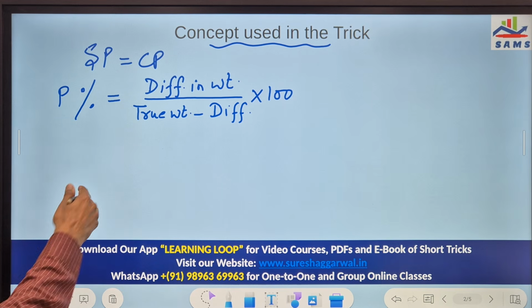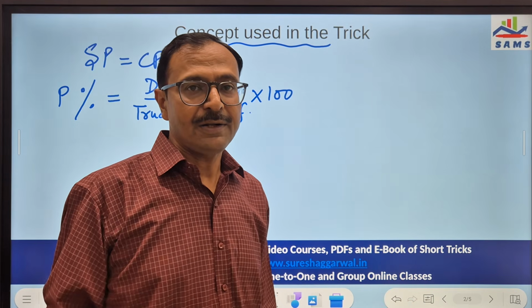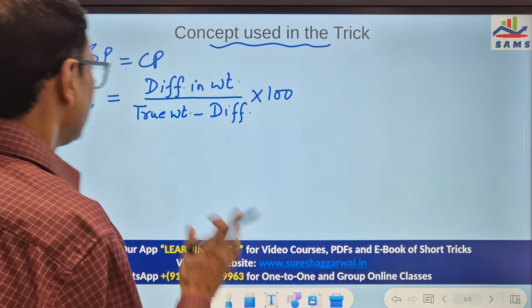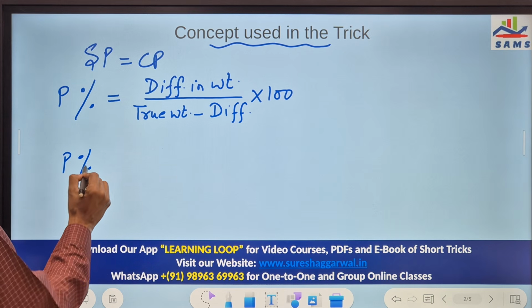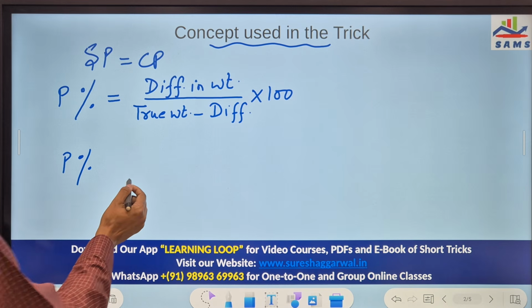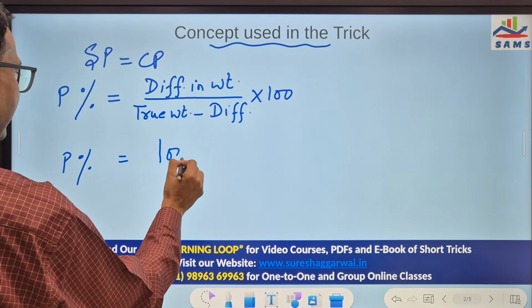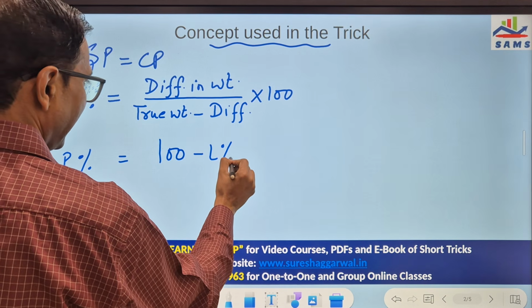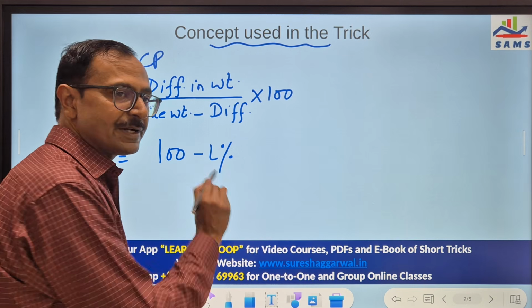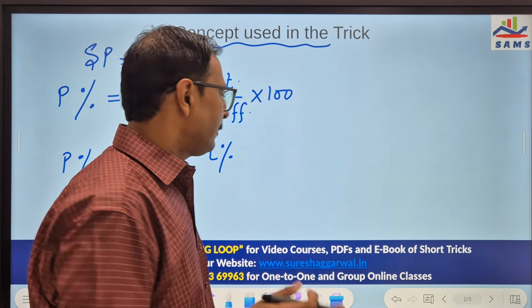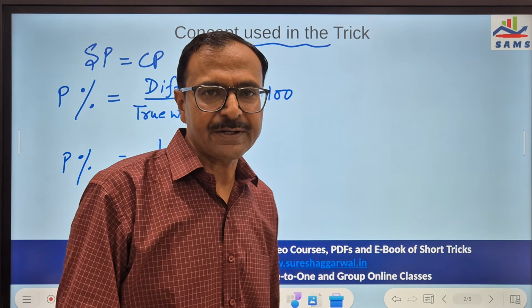Likewise, we have the second form where initially there is some loss and now he is using a false weight. In that case, we can again find the profit percent, but you have to do one extra step there. You first do 100 minus loss percent. And if initially there is already some profit, you can add profit percent here. Profit percent is always added to 100 and loss percent is always subtracted from 100.